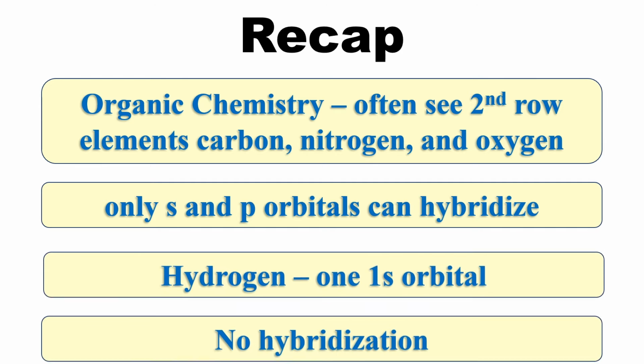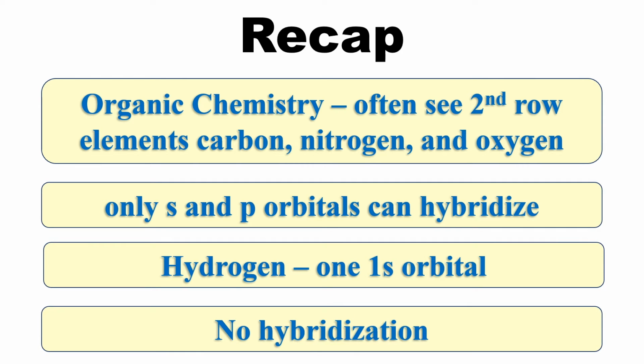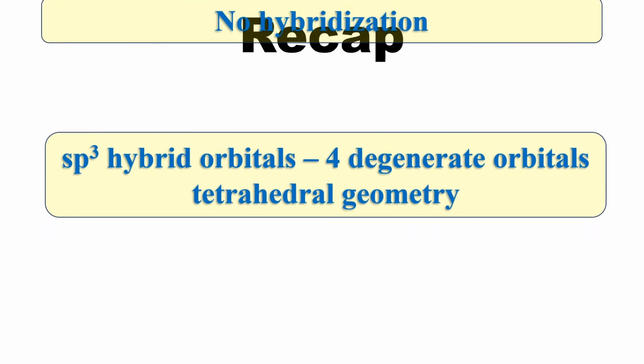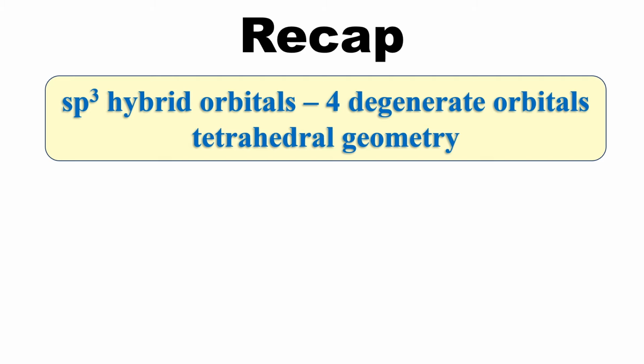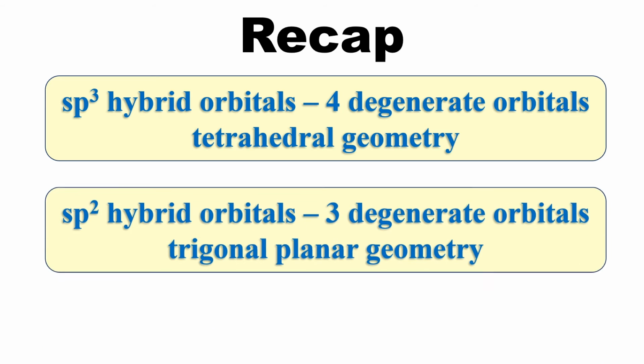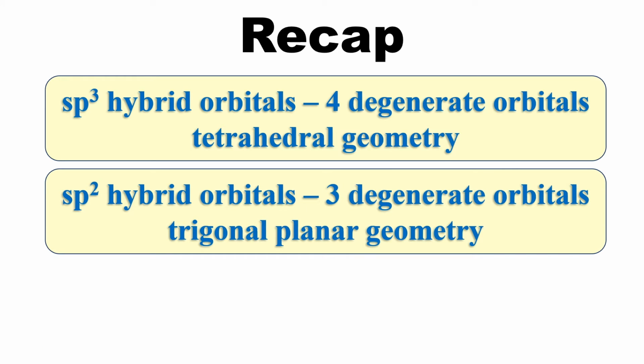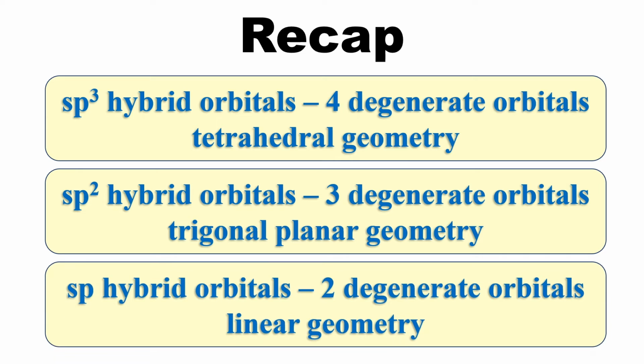Hydrogen has only one 1s orbital, thus no hybridization occurs for hydrogen. sp3 hybrid orbitals are four degenerate orbitals in a tetrahedral geometry. sp2 hybrid orbitals are three degenerate orbitals in a trigonal planar geometry. sp hybrid orbitals are two degenerate orbitals in a linear geometry.